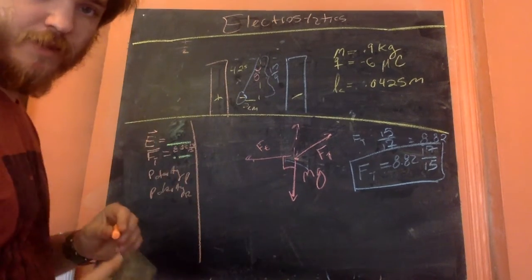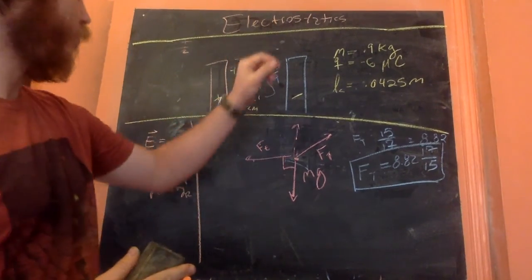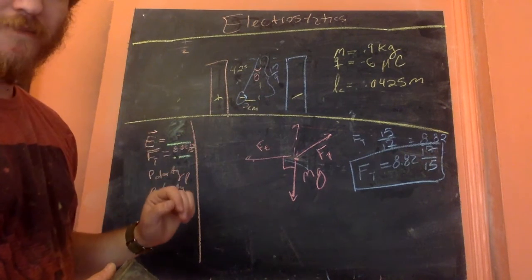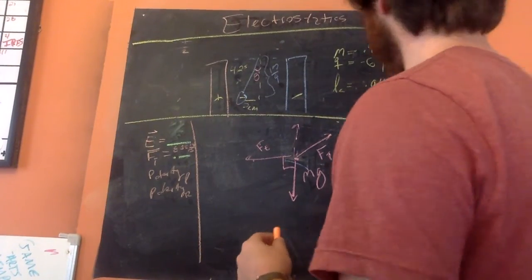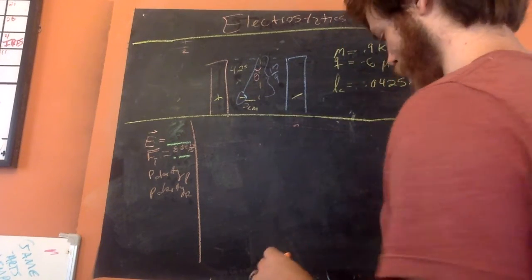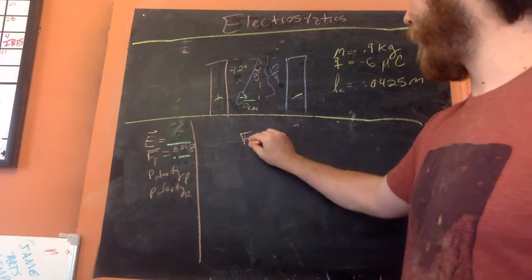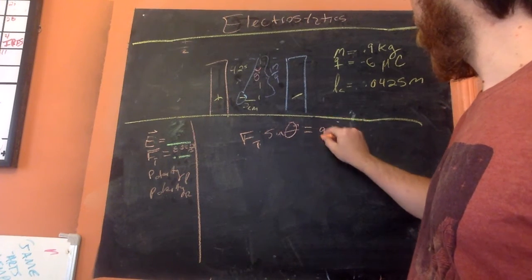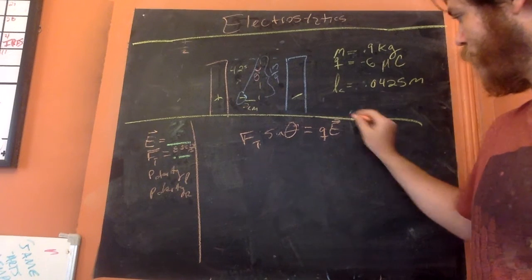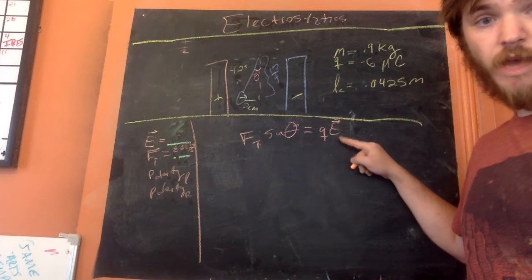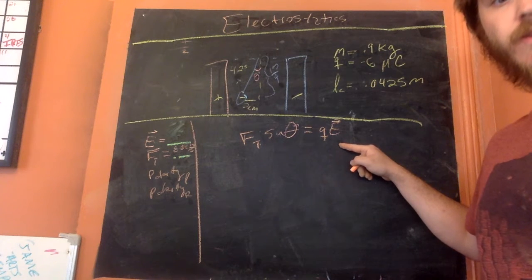We can now find the E field because we know that sine theta is going to be the E field. So Ft sine theta is equal to Q times E. I will attach in an announcement a help sheet for finding fields.